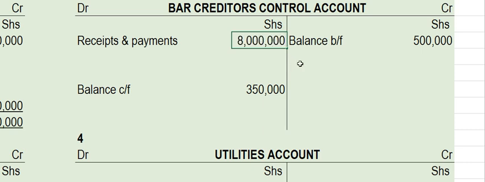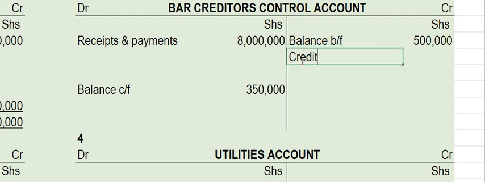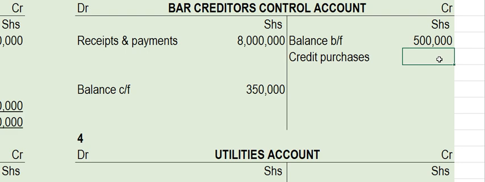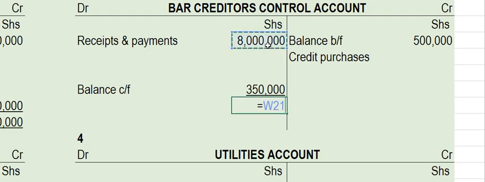Balance the account, the balancing figure, that would be your credit purchases. And how much is that balancing figure? Let's try to balance up the account and let's see.